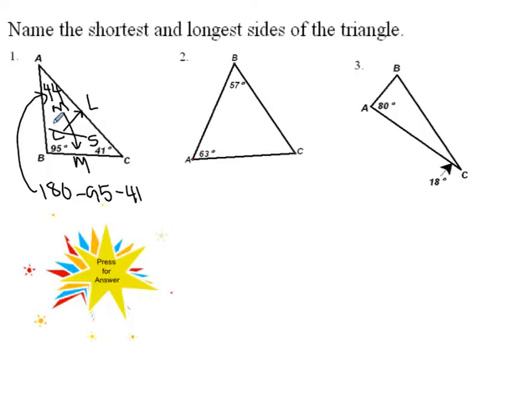And across from my small angle is my smallest side. So if I want to list the sides from shortest to longest, it would look like this. AB is less than BC is less than AC. Press pause, and when you're ready to see the answers for 2 and 3, press play again.